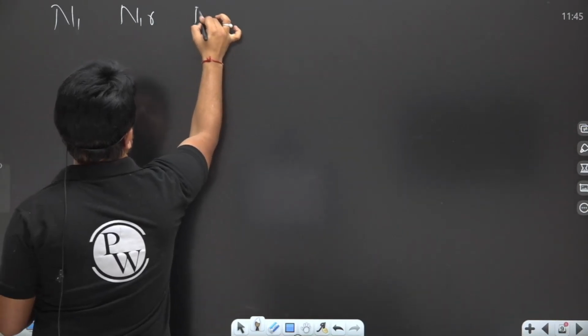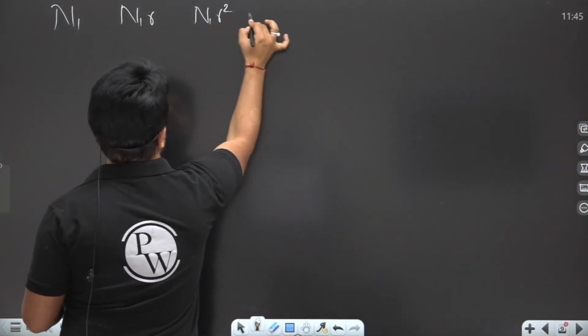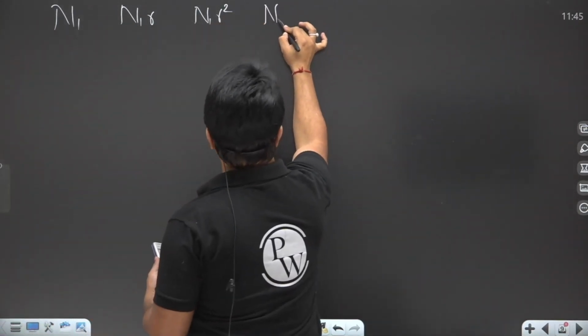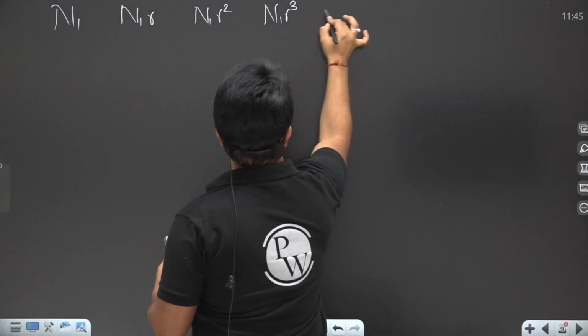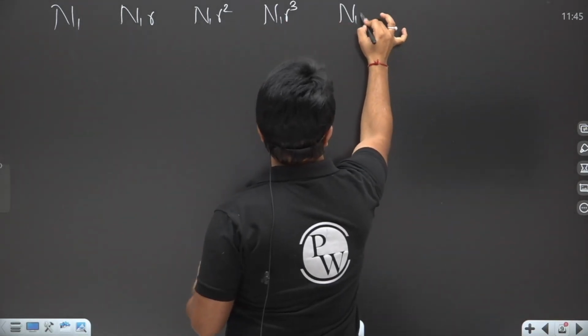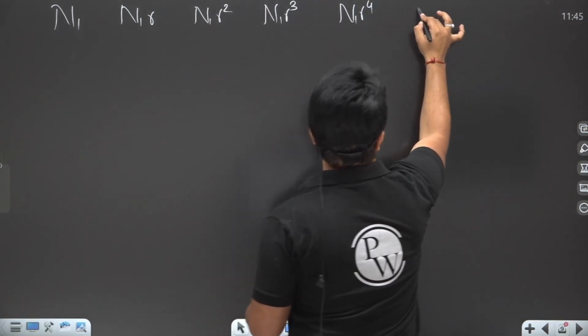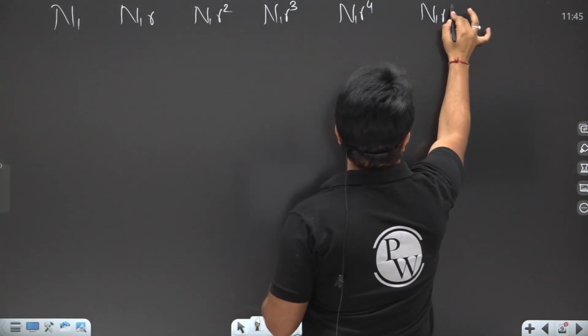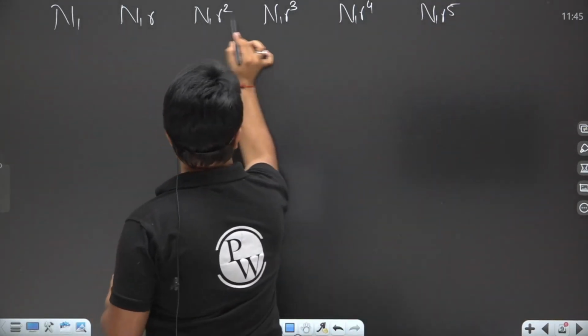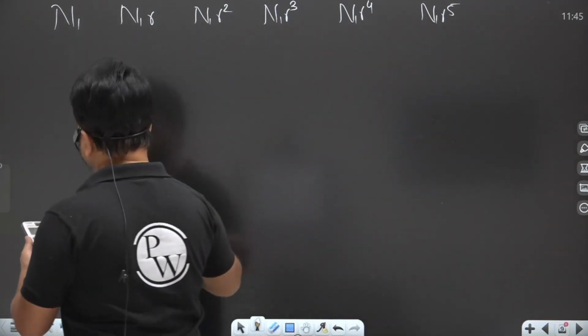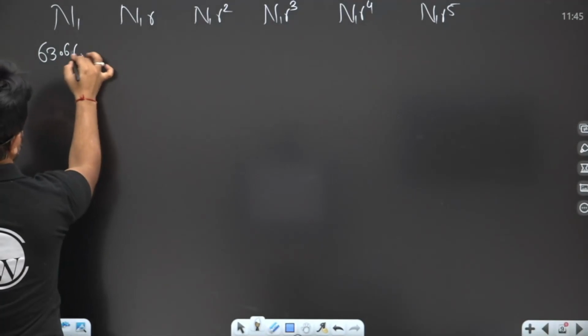Now once you have the value of R, the speeds are N1, N1 R, N1 R square, N1 R cube, N1 R 4 and N1 R 5. How many? 1, 2, 3, 4, 5, 6. You know N1, that is 63.66.